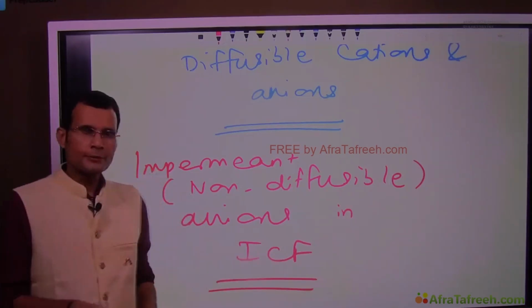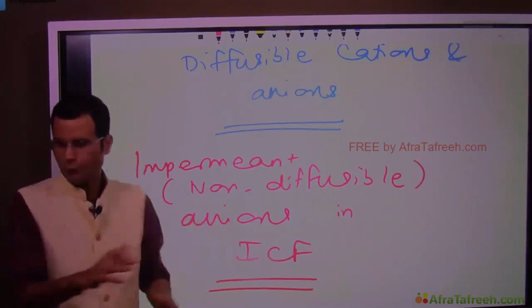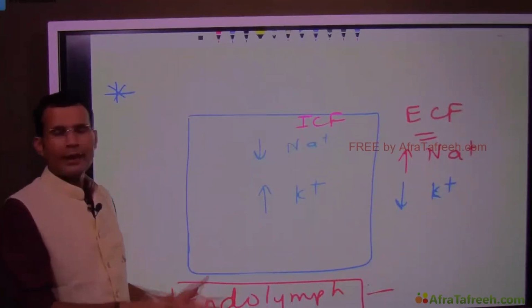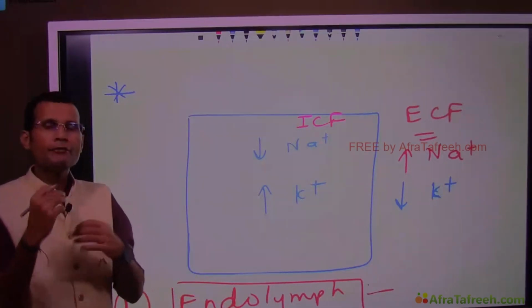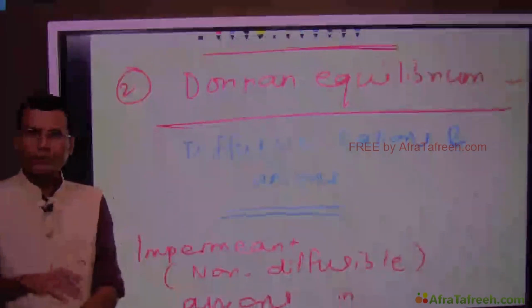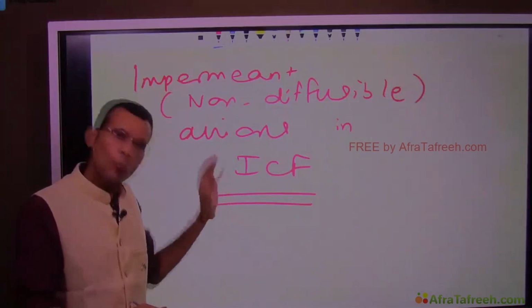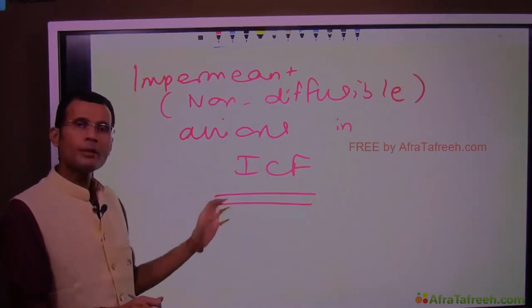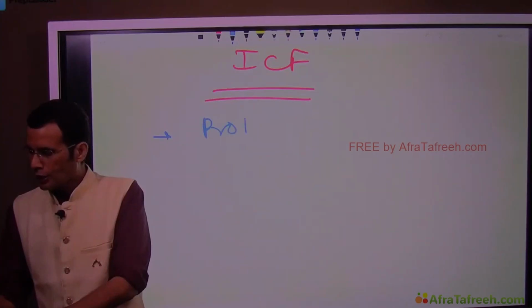The concept is this: there are lots of diffusible cations and anions in both the fluids. Okay, so as I mentioned, sodium, potassium, calcium, chloride, bicarbonate, etc. And by diffusible, we mean that they can diffuse through the membrane. In addition to these, there are non-diffusible anions in one of the two compartments. Which is that compartment? The ICF. So let me first say what those anions are. There are intracellular proteins.